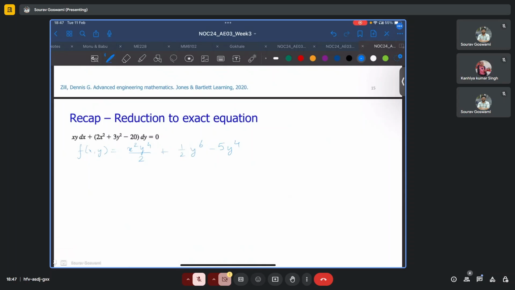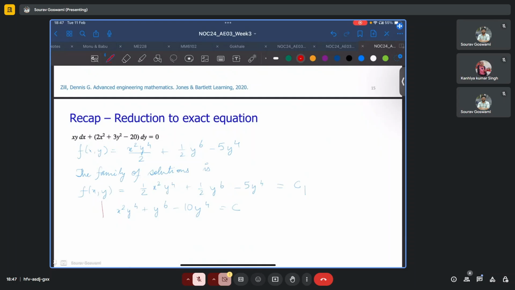And as we saw, the family of solutions is f of x,y, which equals half x square y power 4 plus half y power 6 minus 5 y power 4 equals some constant, say c1, because we can even get rid of this half, or x square y power 4 plus y power 6 minus 10 y power 4 equals c.